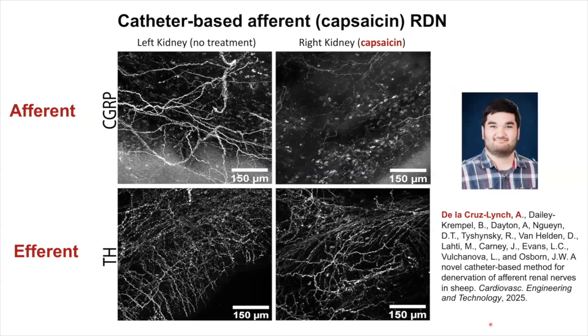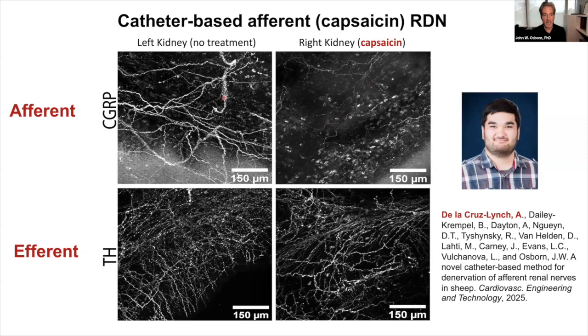So we just published this paper, which is the method for catheter-based afferent denervation using this catheter in the sheep. So these are images of sensory nerves in the sheep kidney. Here are sensory nerves, CGRP, in the left kidney, which was not treated. The same sheep, it's the right kidney, which was treated with capsaicin. And you can see very clearly the effect of this treatment. And you see very faint lines here, which maybe were the remnants of those sensory nerves.